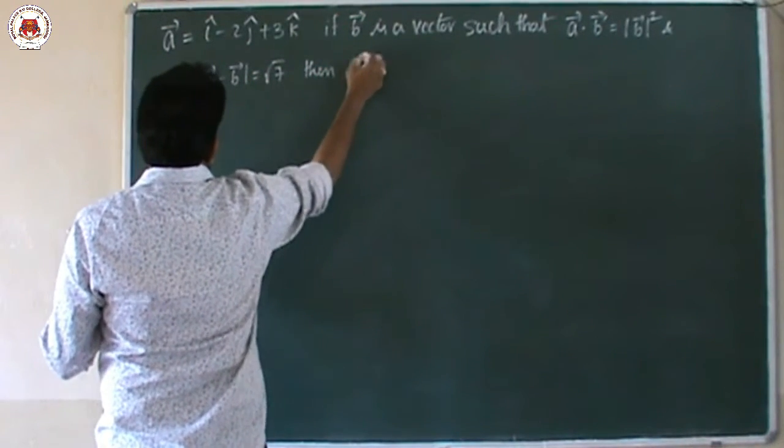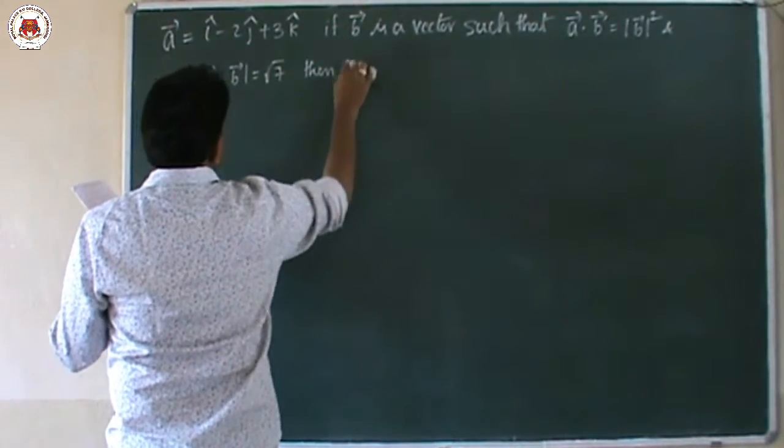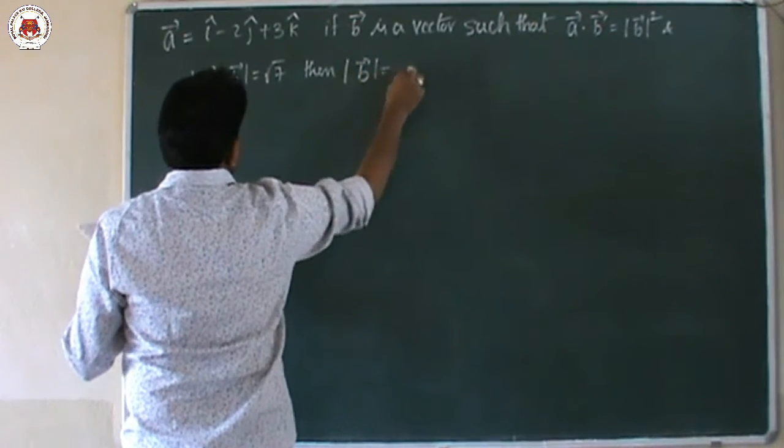Then he is asking, then mod of b vector equals how much?